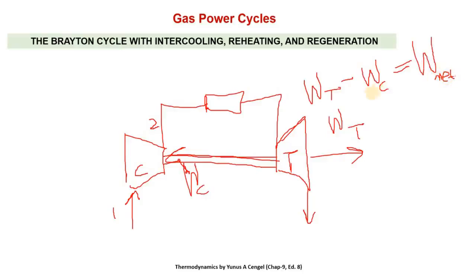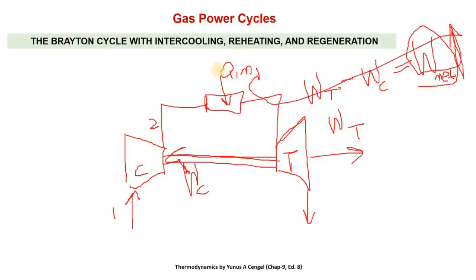And here is the heat supply Q in. So to increase the efficiency of this cycle, either we have to decrease this Q in or increase this net work output, right? By increasing this net work output and by decreasing this Q in, the efficiency of the system can be increased.